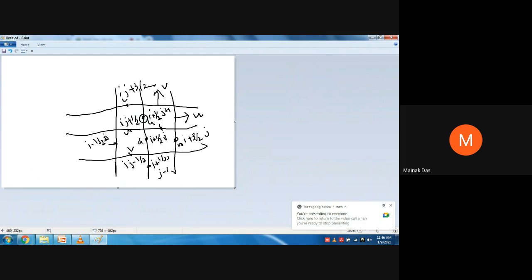Interpolate. Yes. How can you interpolate?